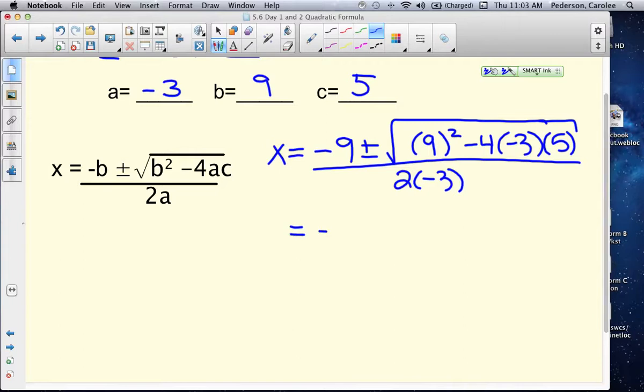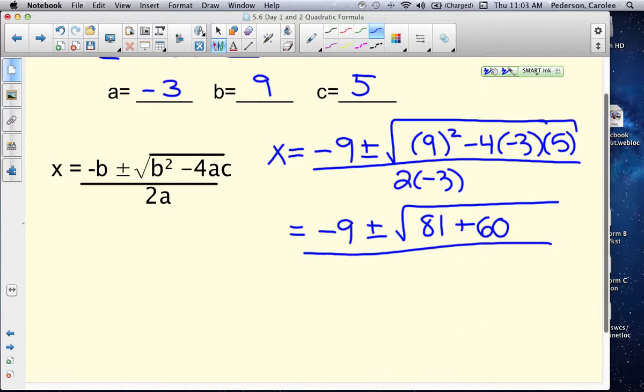Now we're going to reduce. Nine times 9 is 81. Negative 4 times negative 3 times positive 5 is a positive 60, over negative 6.